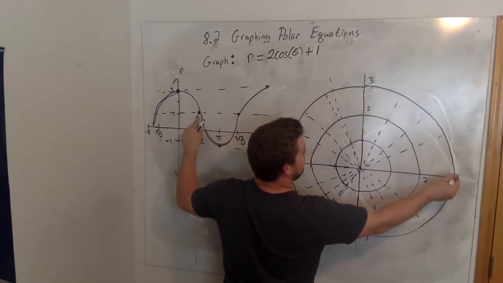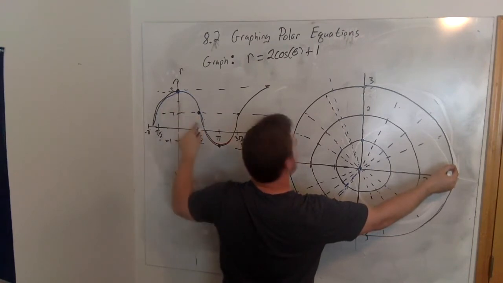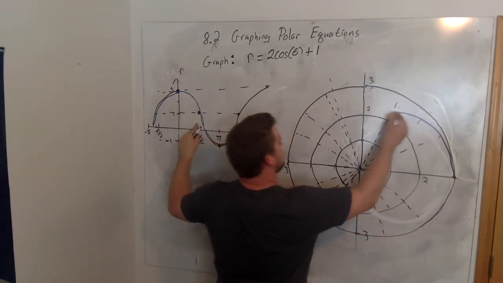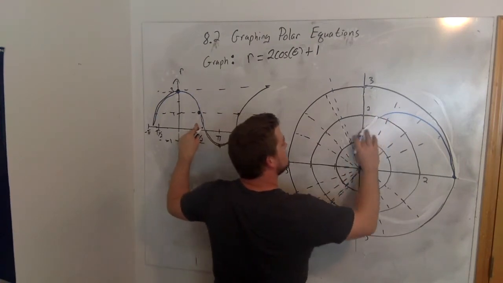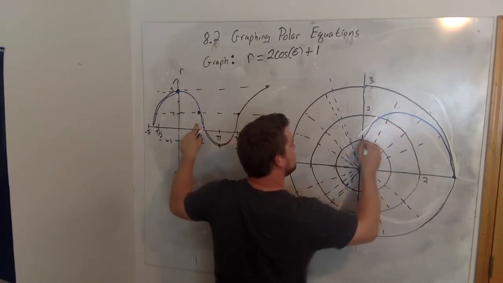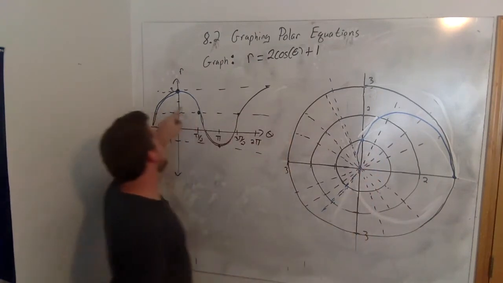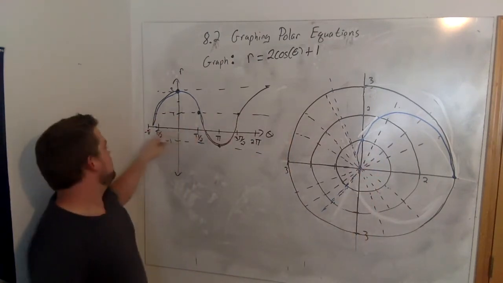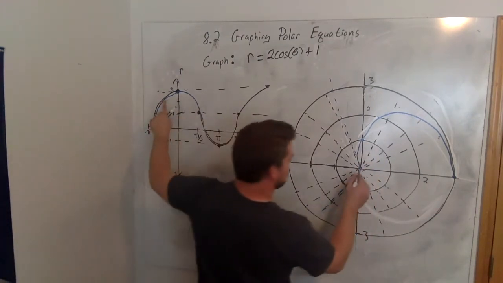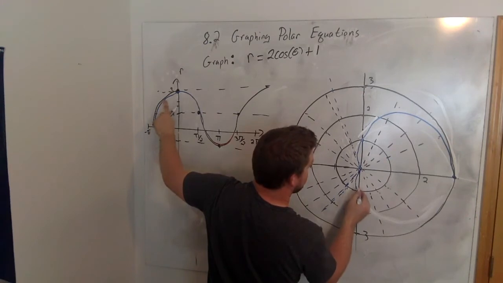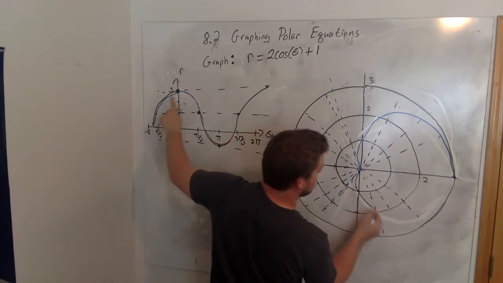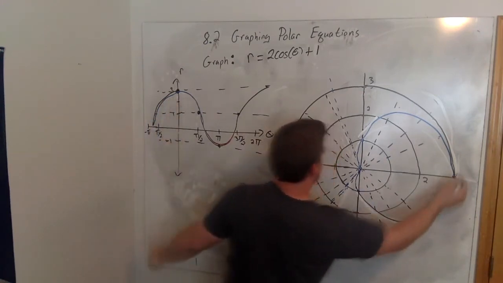So we're going to rotate, the radius is getting shorter, and shorter, and then we're going to be back at 0 right here. And this is symmetric, so we're going to do pretty much the same thing over here. Beautiful.